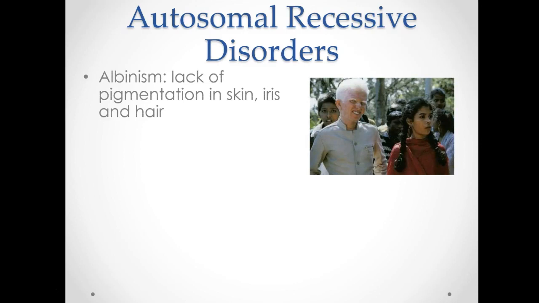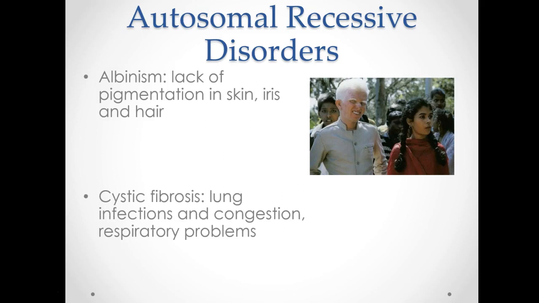So a couple of autosomal recessive disorders: albinism, so a complete lack of any pigmentation in skin or irises or hair, that is a recessive trait. Cystic fibrosis is probably, again, one of the better known conditions. Basically, these individuals suffer from a whole host of lung infections and congestion and respiratory problems.